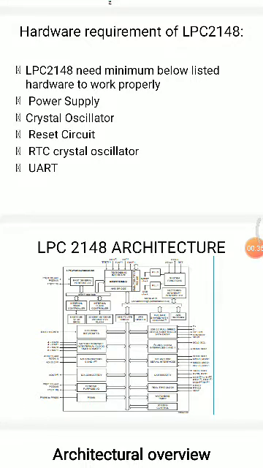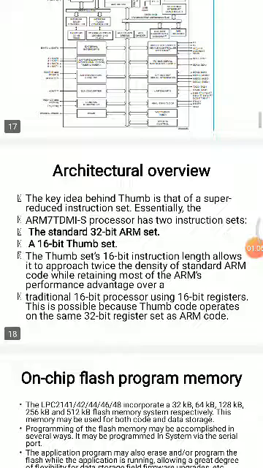It has the ADC, DAC, stepper motor, and SPI, UART pin configuration, real-time clock, watchdog timers, and the LPC 2148 contains an ARM7 TDMI IC and the AMBA bus, the Advanced Microcontroller Bus Architecture, and phase lock loops PLL0 and PLL1, and crystal oscillators XTAL1 and XTAL2. So these are all the architecture of LPC 2148.